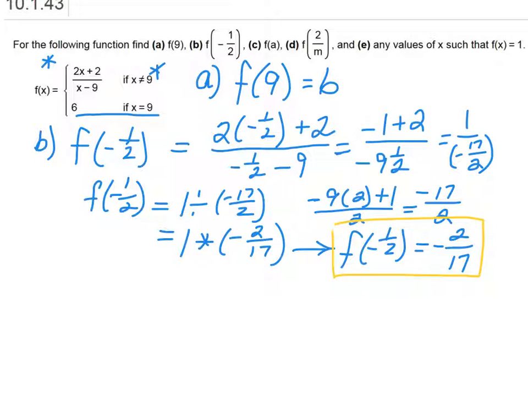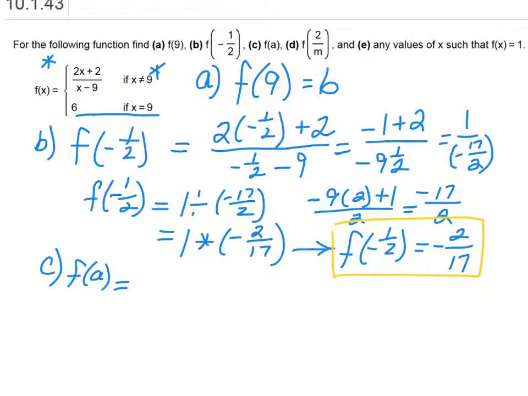Now, part C says that we are to find f of a. Well, f of a is actually pretty easy, except that this is a piecewise function.